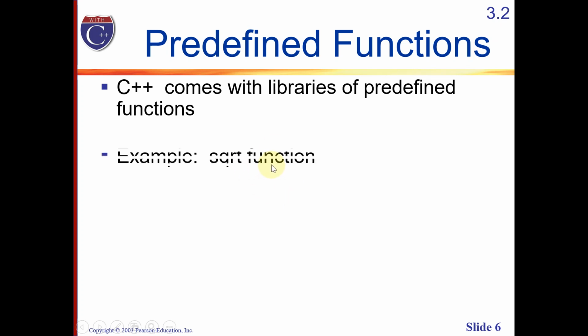For example, we have the square root function. To use this, we can simply declare a variable, for instance, this particular variable, and then simply assign it by using the function call. And in this case, we would like to get the square root of 9. Whatever is the result of this computation will be assigned as the new value of this variable.